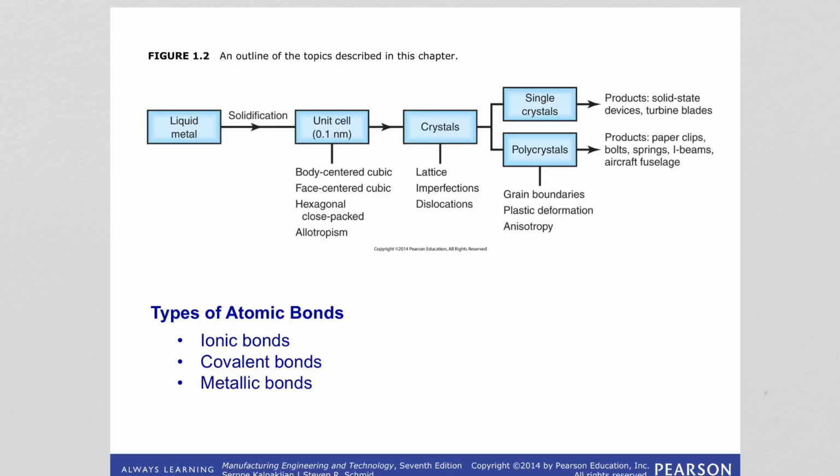So if you look at an outline of topics described in this chapter, when we have a liquid metal, this is usually how we start in manufacturing. We first solidify it, right? And when it solidifies, it's forming the unit cell.